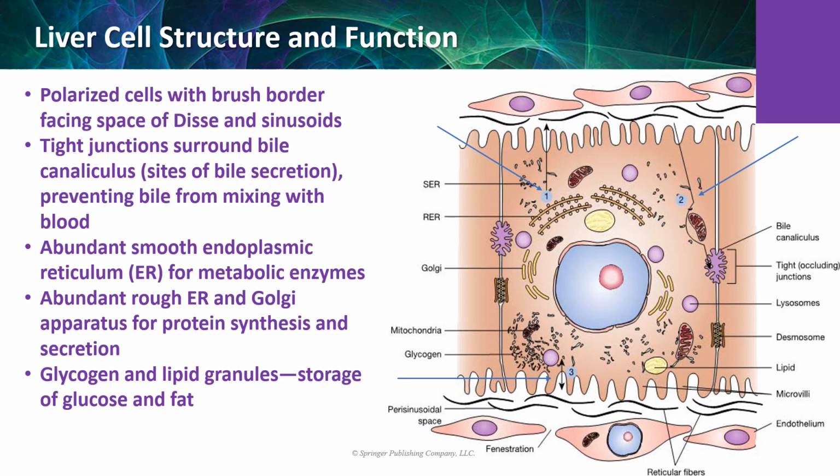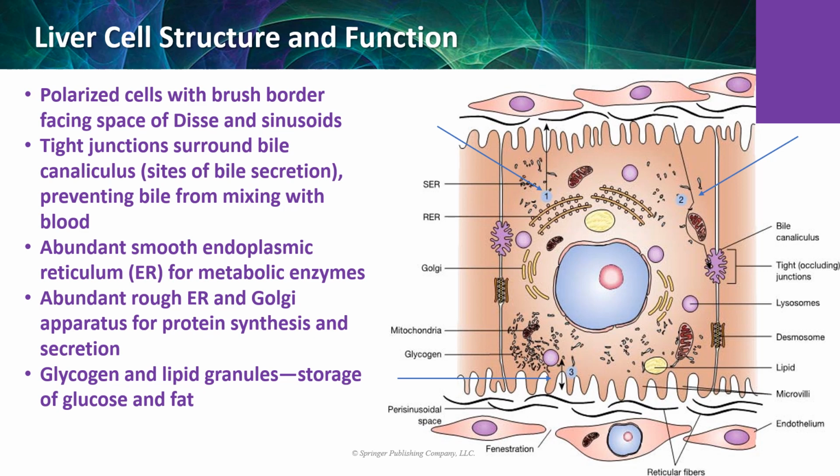The hepatocyte structure gives clues to the varied processes that are carried out by these cells. There are abundant rough endoplasmic reticulum and Golgi apparatus for protein synthesis and secretion, shown in number 1.